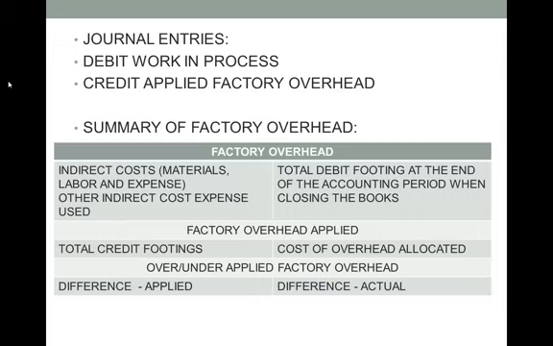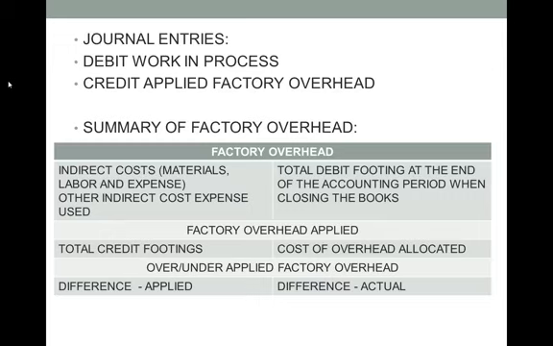Not totally. Expense, indirect cost or indirect expense, is the selling and admin. Selling and admin is a period cost, meaning it is not part of production, so you will not include it in the production cost. And other indirect cost expense used.